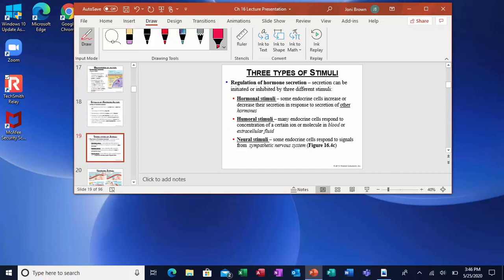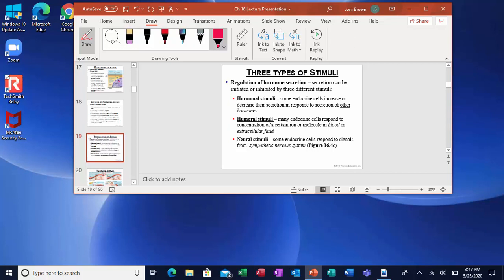First is hormonal stimuli, where you have some hormones released, and that will increase or decrease secretion from target cells of the hormone, where another hormone tells them to secrete more or less of their hormone. For example, the hypothalamus tells the pituitary which hormone to secrete and whether to secrete more or less of it in order to affect cells all over the body.